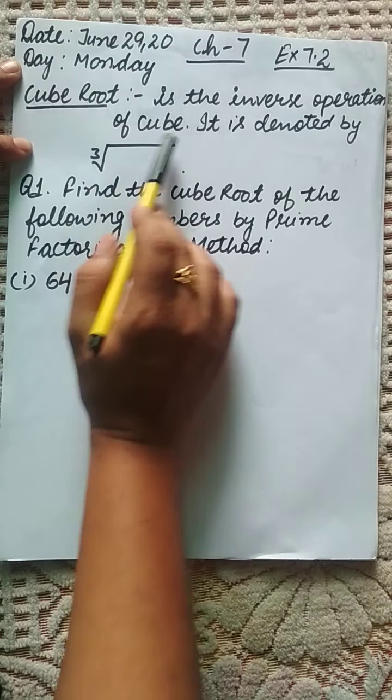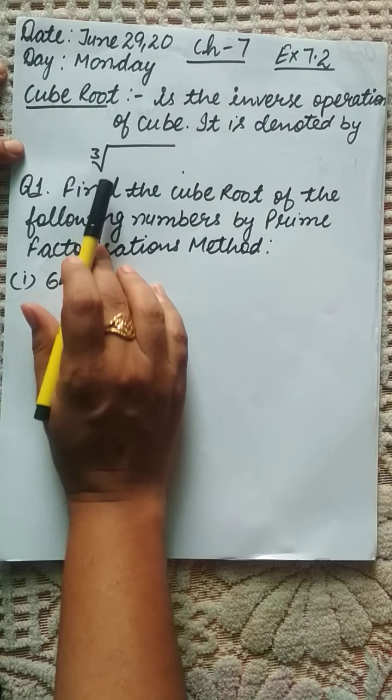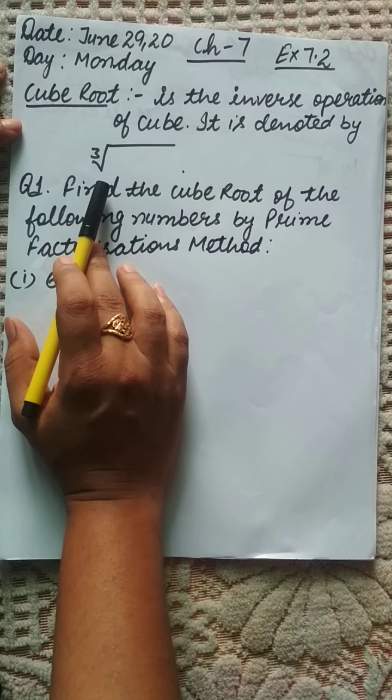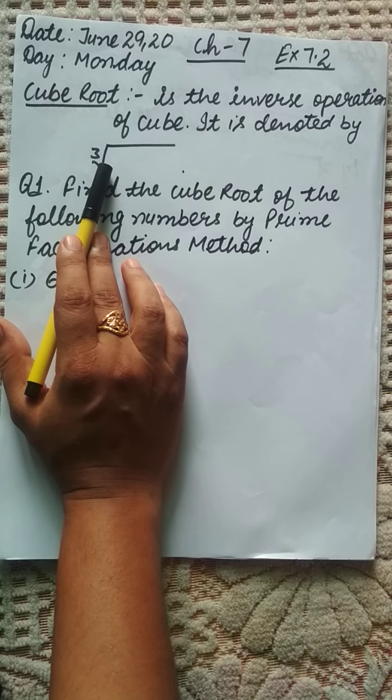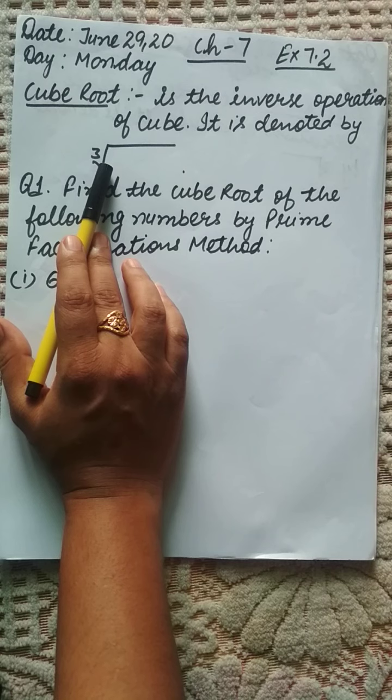Now you can find out the cube root by the inverse operation of cubes. In cubes we have done, this is the multiplication of the number with itself 3 times. And the inverse operation of that will be the cube root.